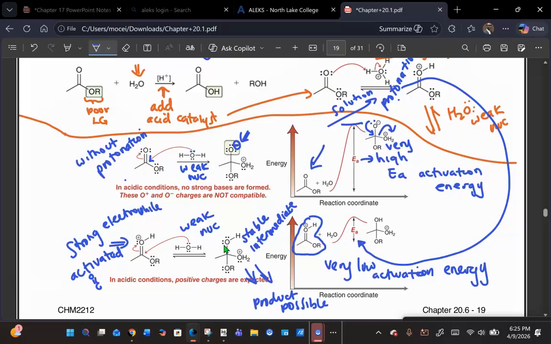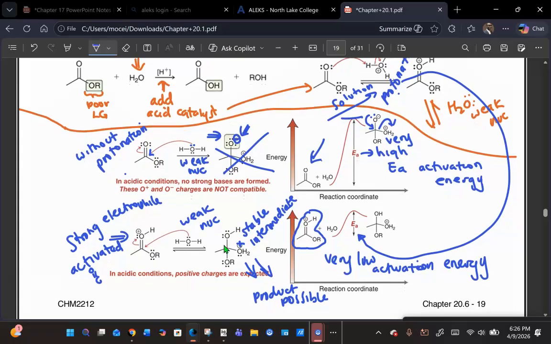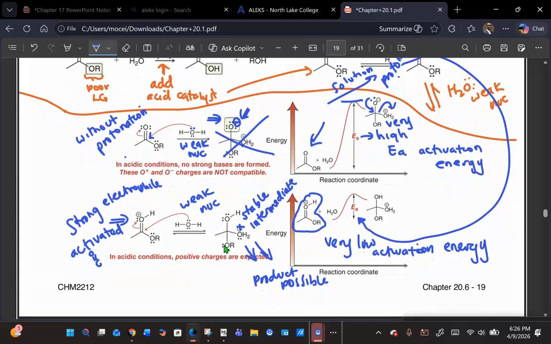In acidic conditions, you don't expect to have negative charges. So that's why this is wrong. You want to have only the positive ones. Ester hydrolysis, ester formation, both of them are acid catalyzed.